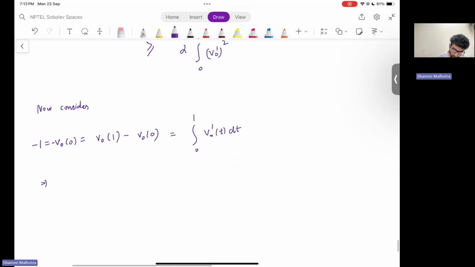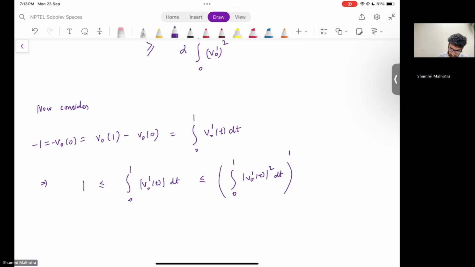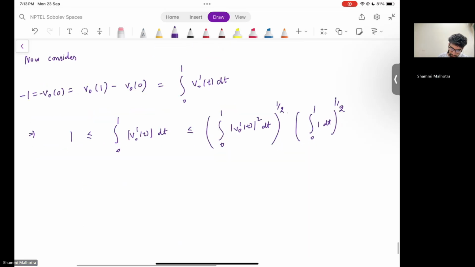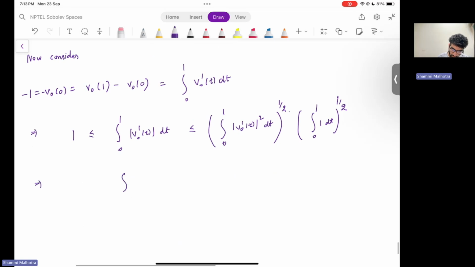And thus this implies 1 has to be less than or equal to integration of 0 to 1 of |v0'(t)| dt. This is further less than or equal to, by the Cauchy-Schwarz Hölder inequality, (integration of |v0'(t)|² dt) to the power of half, into (integration 0 to 1 dt) to the power of half. And thus this implies the integration of 0 to 1 of (v0'(t))² dt is greater than or equal to 1 only.